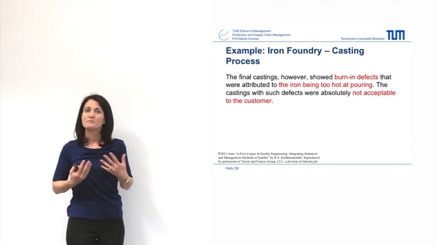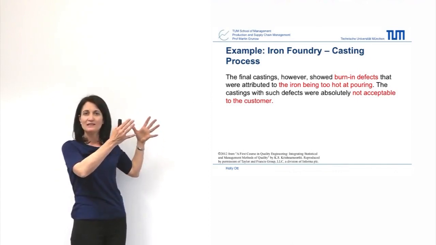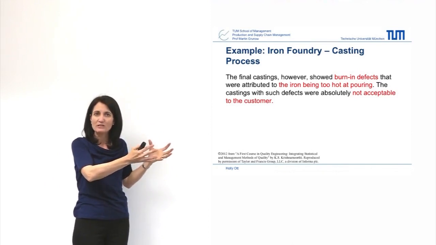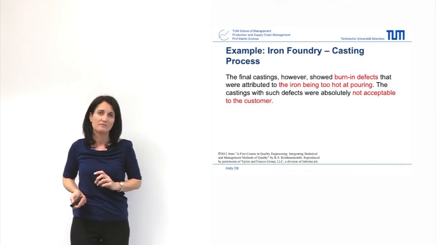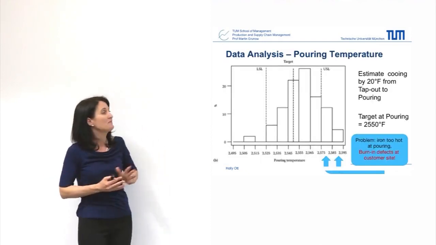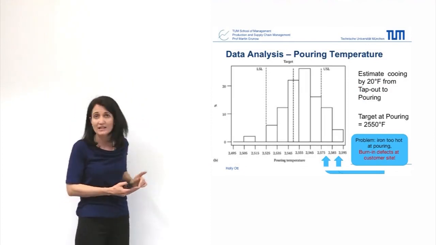Well, of course, you're here to measure data. You can measure the temperature where the molten iron is tapped out, and you can measure the temperature at which the molten iron is poured. So let's look at the pouring temperature. Here you see a histogram, and here what we've marked is the target temperature.